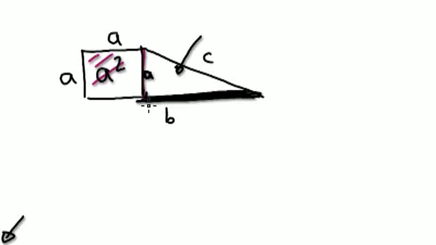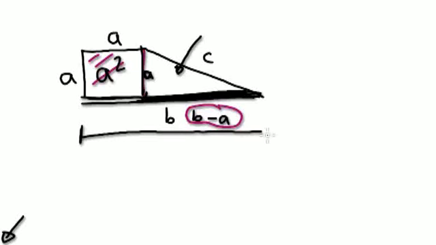Okay, this length here is actually, you can imagine it as like B take away A, because you've got this whole length here from here to here. You can imagine it as being a string. You've got a string from here to here.